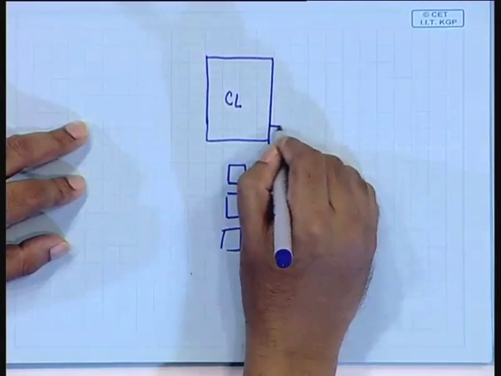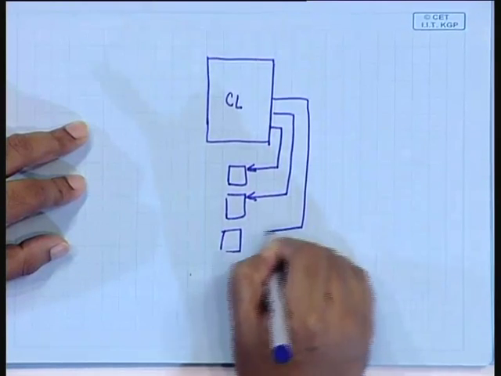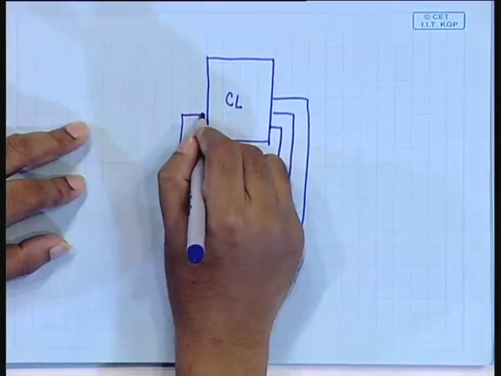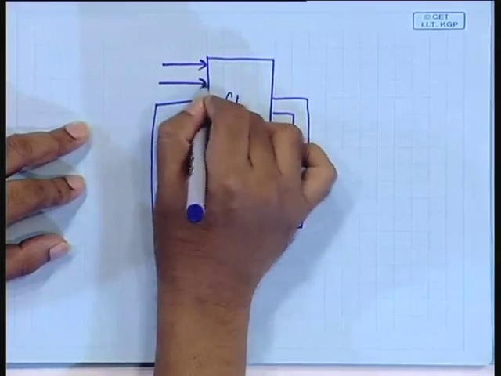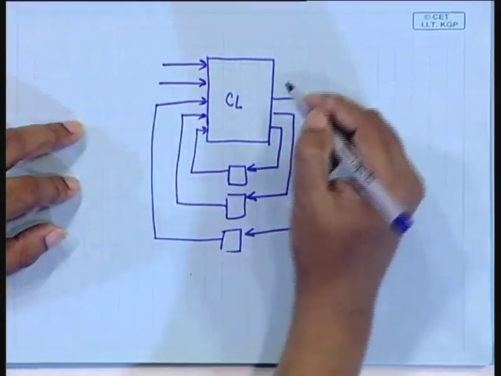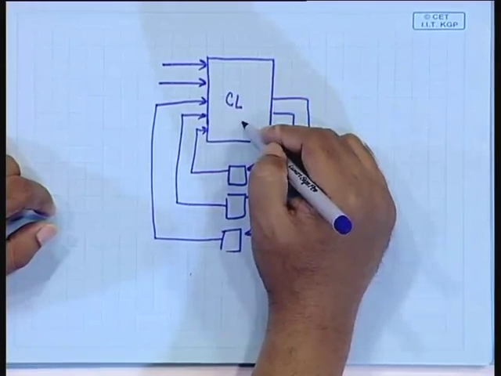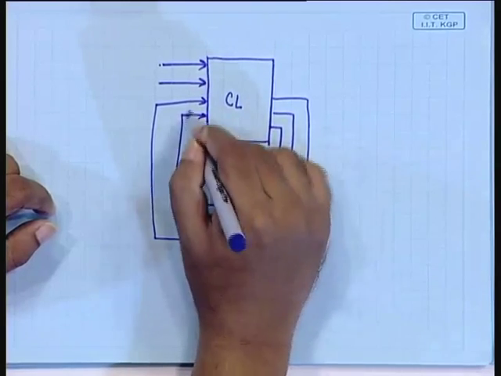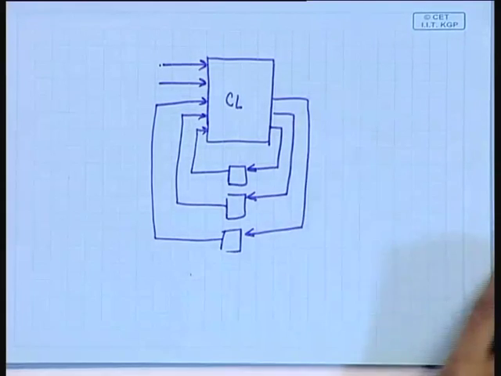So, we know that any sequential circuit can be drawn in this form. So, these are the flop outputs which are feeding back into the combinational logic and we have the primary input. As you can see, this is the logic that we want to topologically order. So, the inputs here are the outputs of the flops and the primary inputs, right. So, that is what we have here also.